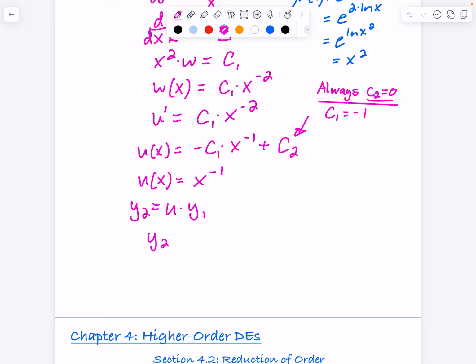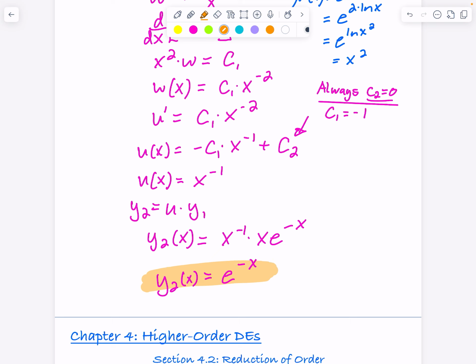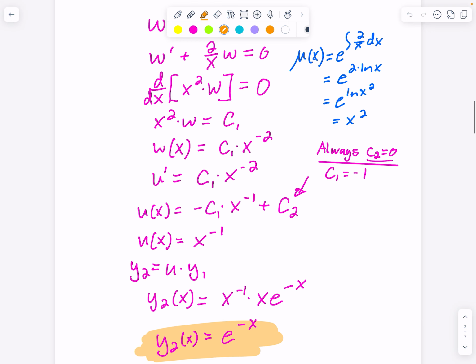So y2 of x is x to the negative 1 times y1, which is x e to the negative x. Well, that leaves me with just e to the negative x. So I have that second solution, and this will be a linearly independent solution from y1. We could double check that with the Wronskian if we would like, but there is our y2.